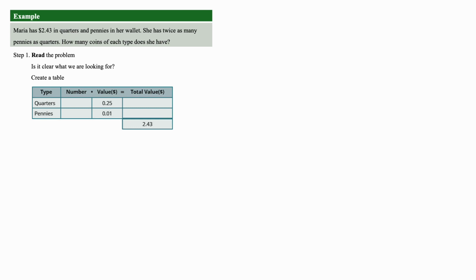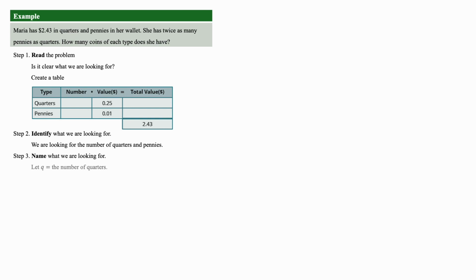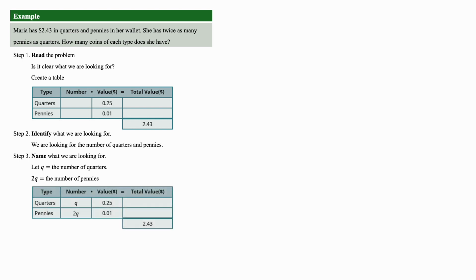And we have the total value is equal to $2.43 in total. Let's identify what we're looking for by looking for the number of quarters and pennies. We're going to name what we're looking for by letting Q equal the number of quarters and 2Q equal the number of pennies, because remember, she has twice as many pennies as quarters.